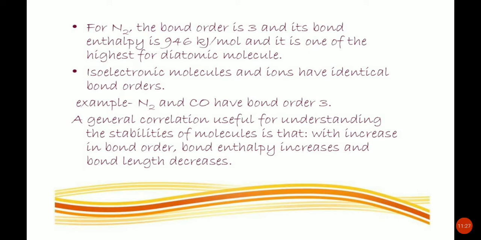So a general correlation useful for understanding the stabilities of molecules is that with increase in bond order, bond enthalpy increases and bond length decreases. So we can correlate these 3: bond order, bond enthalpy, bond length. When bond order increases, bond enthalpy also increases and bond length decreases.